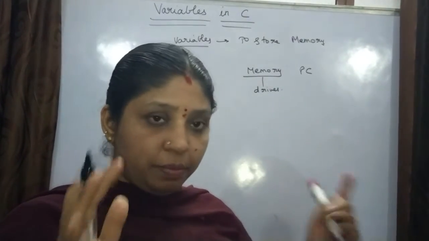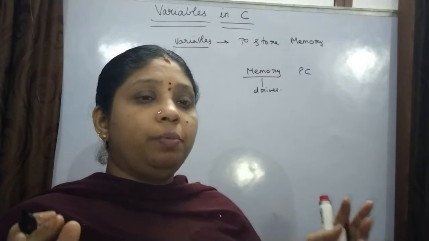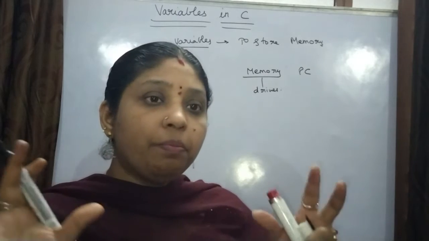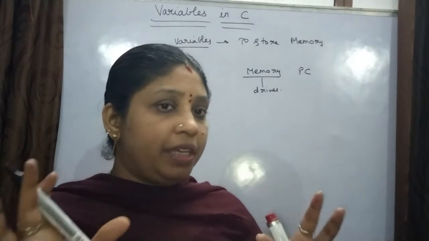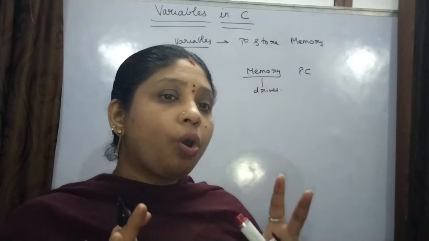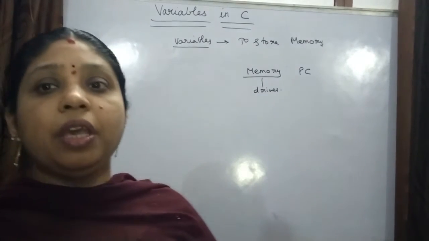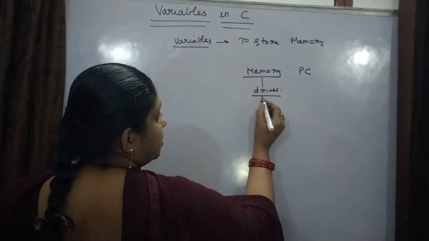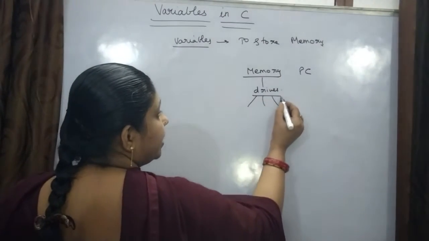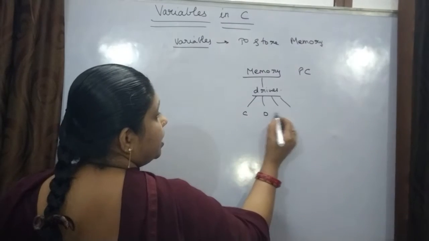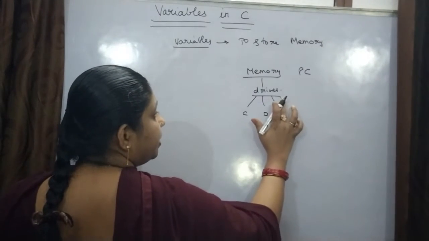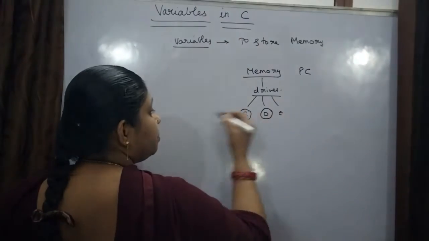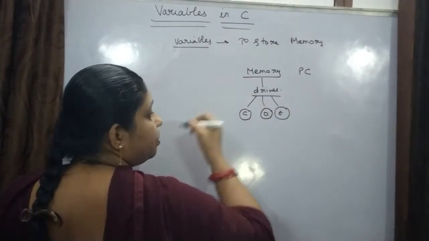That means the memory which is present in the computer is divided into some blocks or some places which are called drives. For example, C, D, E, like this. They have divided it. So some memory has been given to the C drive, some memory to the D drive, and some memory to the E drive.